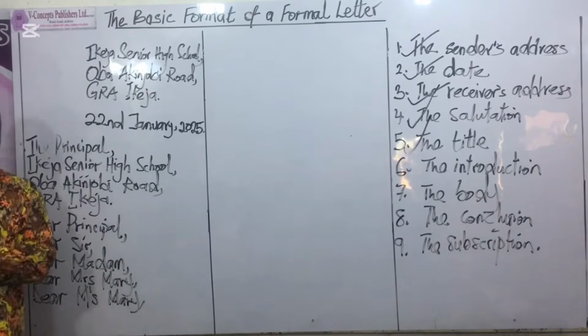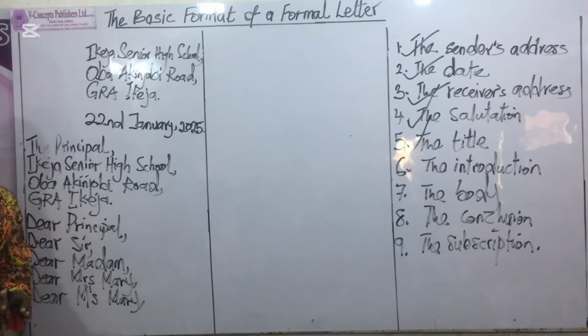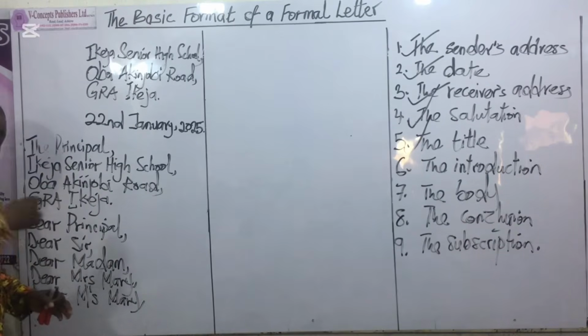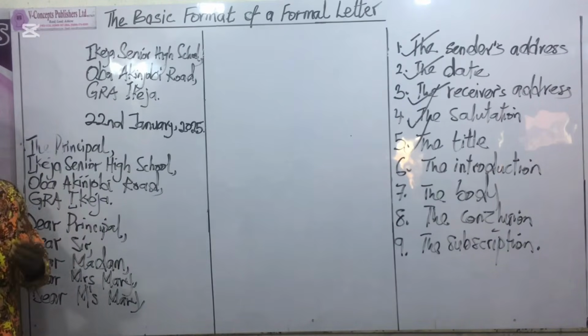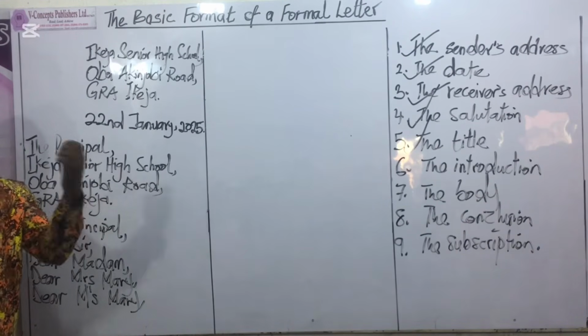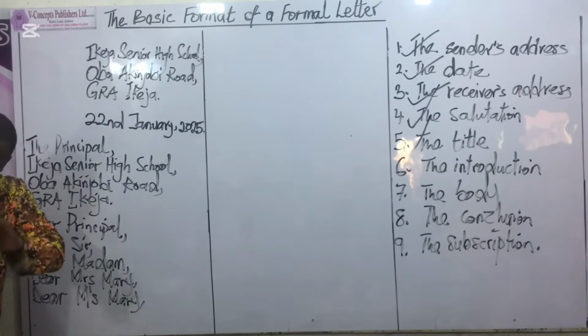Then that's one rule. Another rule is that when writing the title of a formal letter, every major word like noun, verb, adverb, and adjective must begin with a capital letter. Words like what we call grammar words, like preposition, pronouns, and articles, they begin with small letter.